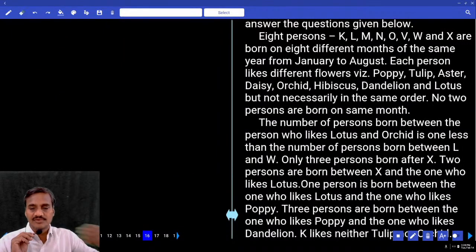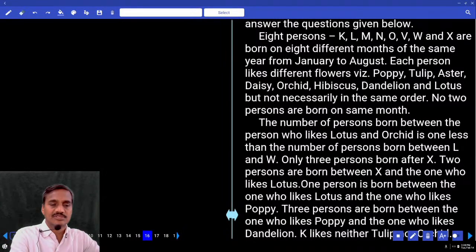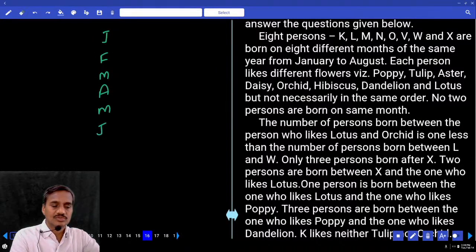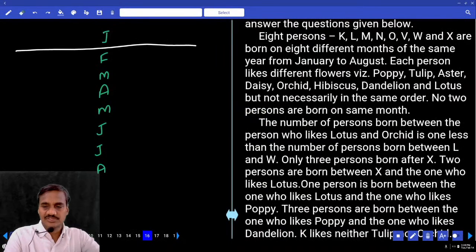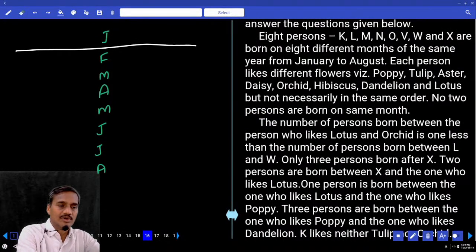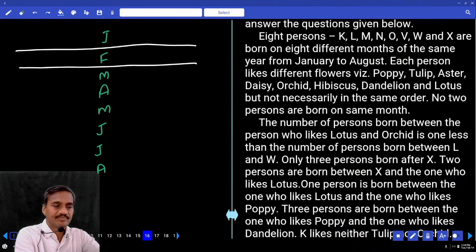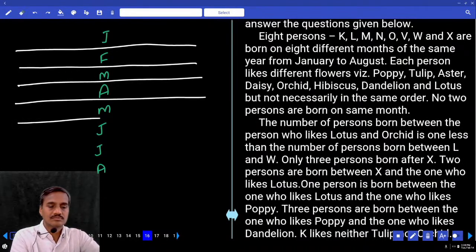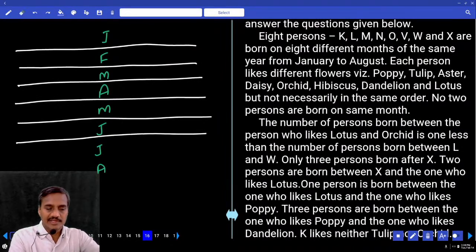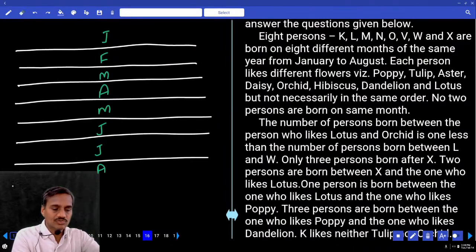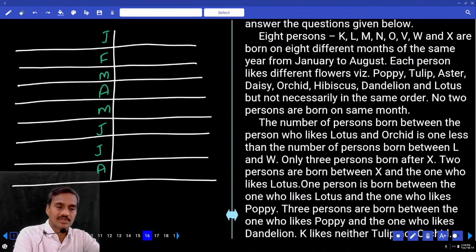January to August are the months given: Jan, Feb, March, April, May, June, July and August. 8 persons K L M N O V W X born on 8 different months. Then coming to condition number 1.